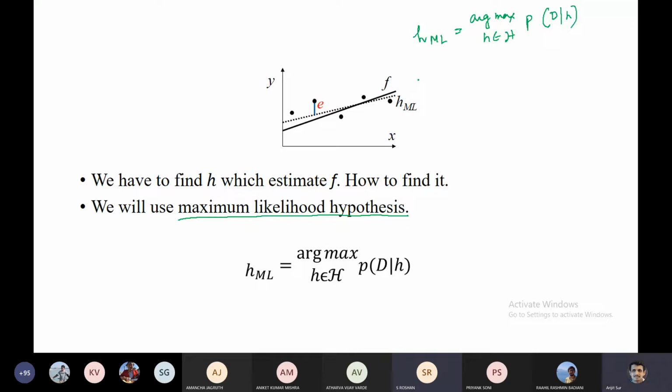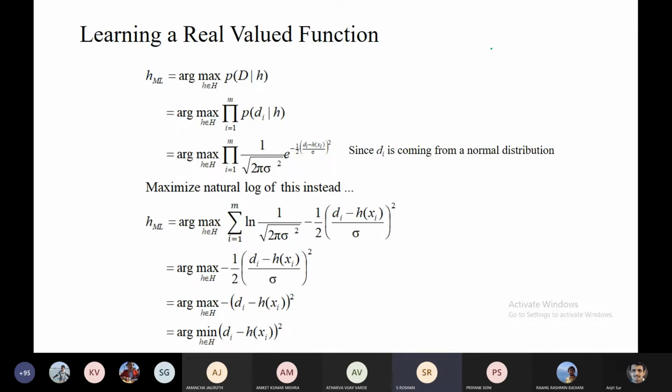There is some mistake here, so let me rewrite this. h of ML is argmax over h belonging to the hypothesis class H of the probability of h given D. This is the standard ML formulation.